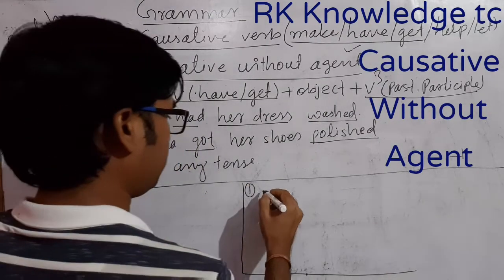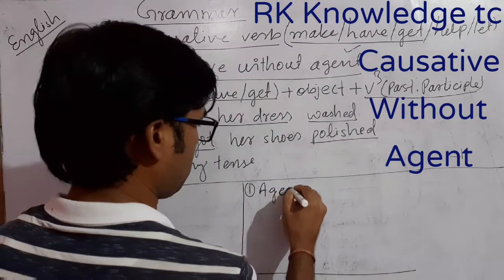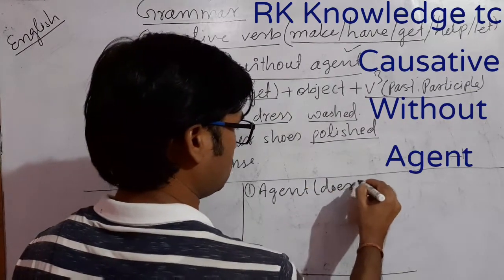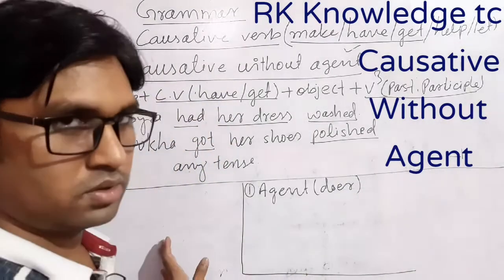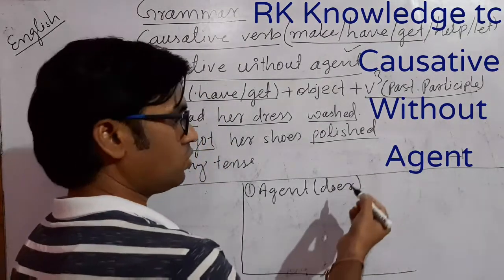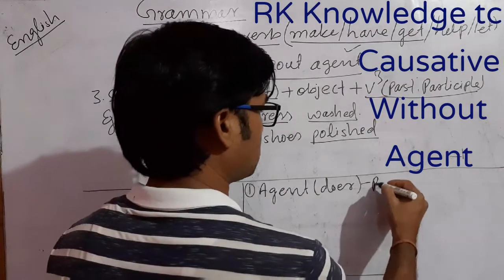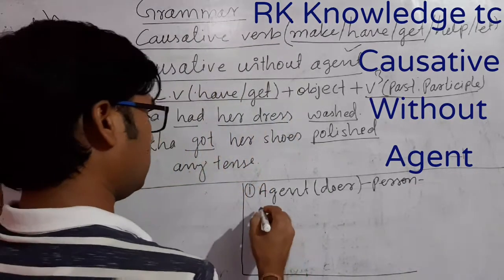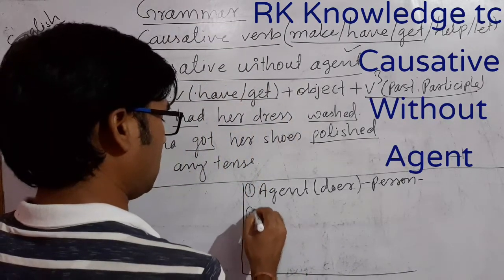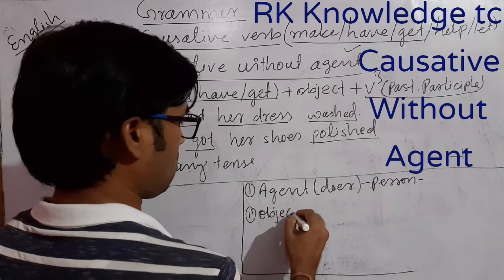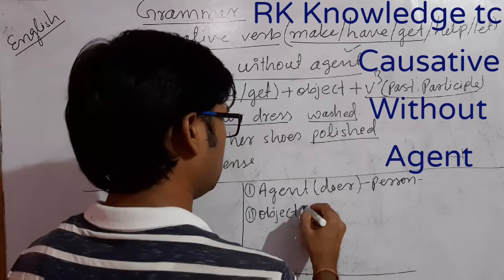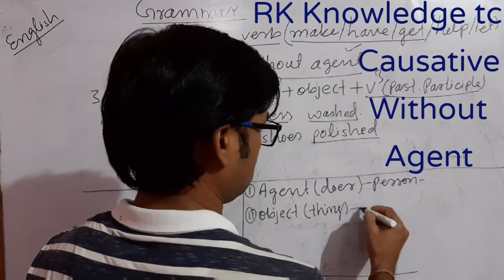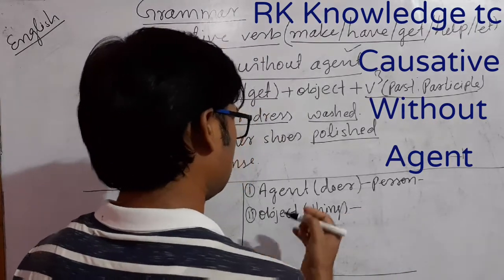Number one: agent means what? Doer. In a very simple way, those who do the work. So agent, doer, belongs to a person. And second is object. It is from things. Okay, things, we can say that.